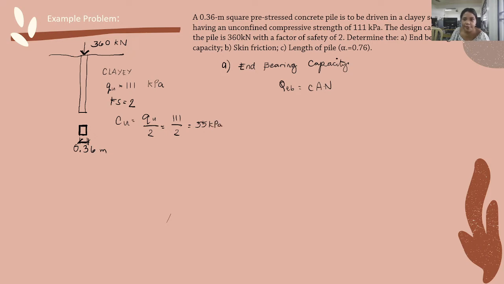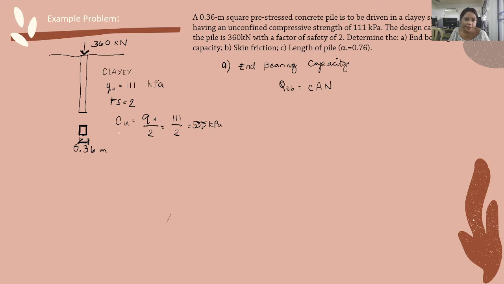That is what we will substitute for letter C, given the unconfined compressive strength. Let's verify on the calculator. 111 divided by 2 is 55.5 to be exact. So this is 55.5 kPa. Now that we have that, what other factors do we need?